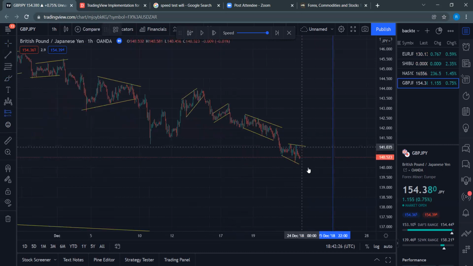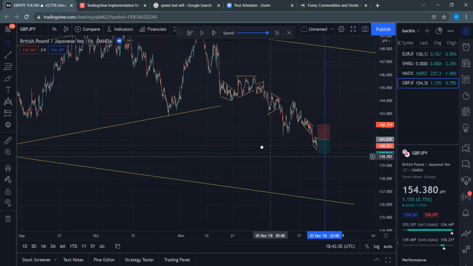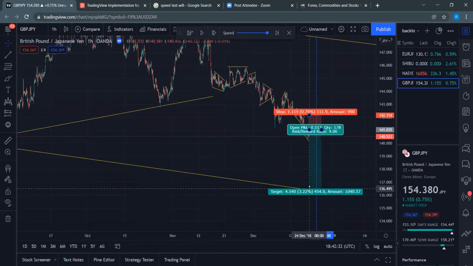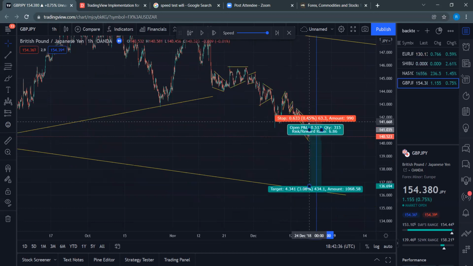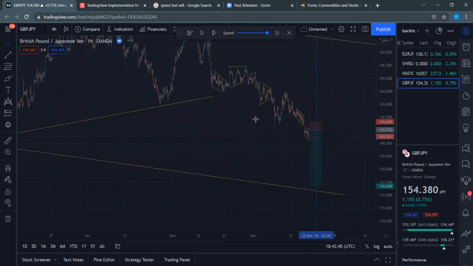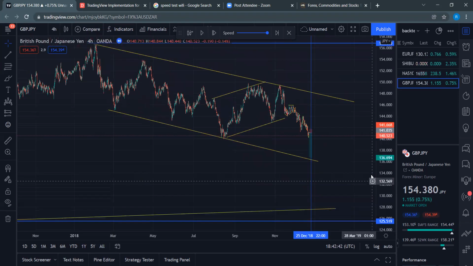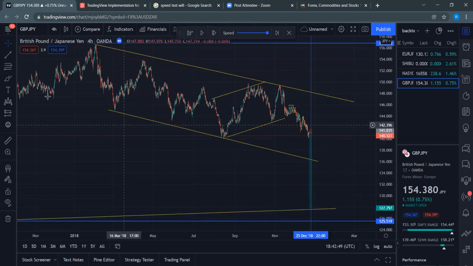We will be looking to sell this market to the downside. And this downside, again, we have this third touch here, and then we would also hope for the market to drop all the way to here.